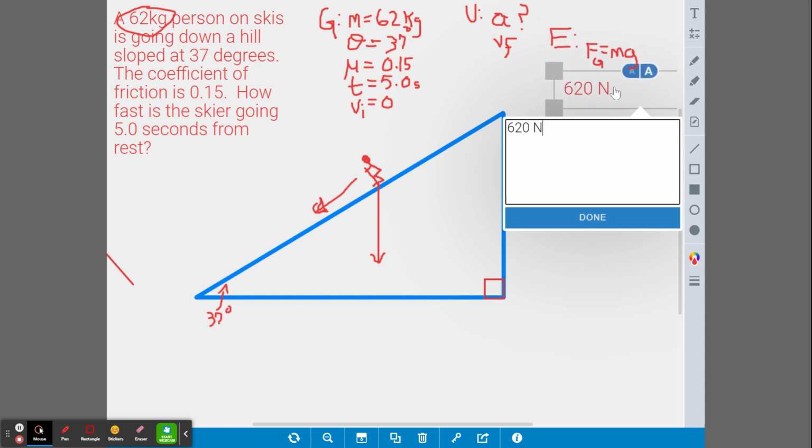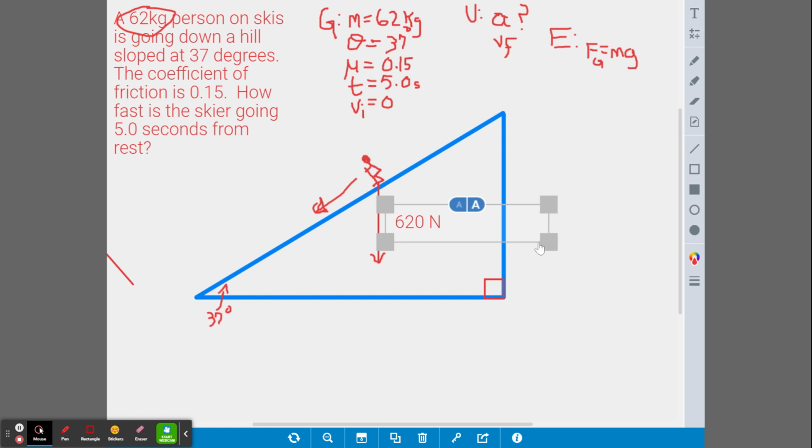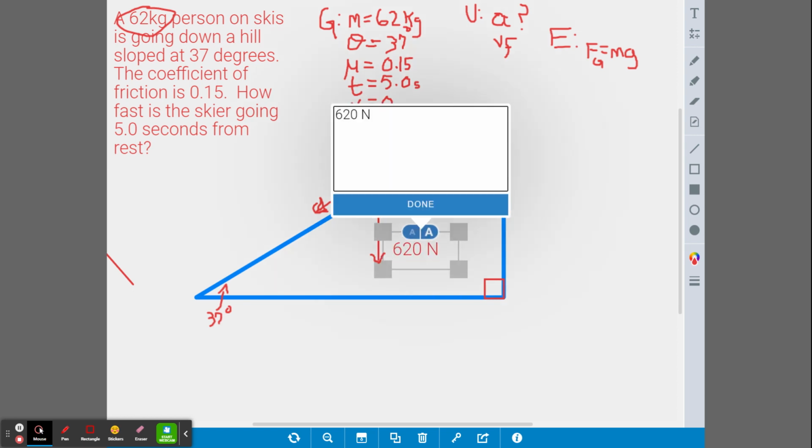All right. Here we go. So that's 620 newtons going straight down, and that is gravity. I'm going to make sure we know, just a big G for gravity. There we go.